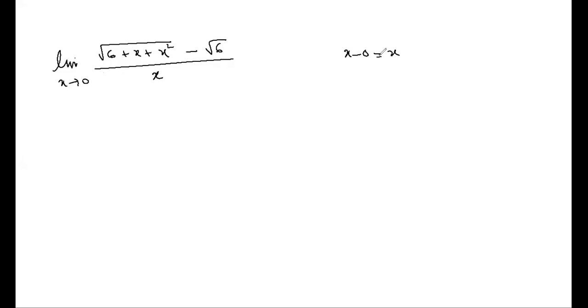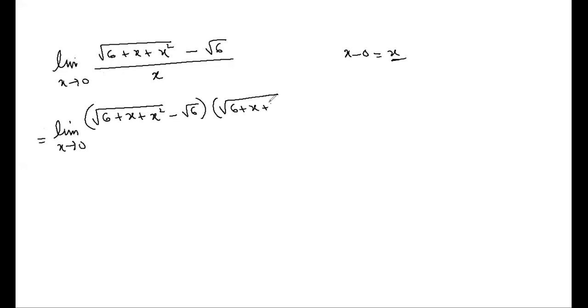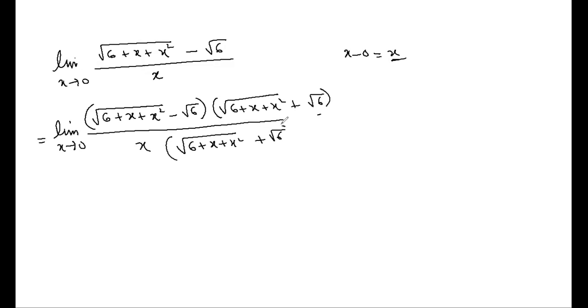Here, the common factor should be x because x minus 0 is nothing but x only. Already x is present here. Now rationalize this, you will get x for that. Come and start with me. Multiply by the conjugate. Whatever you multiply in the numerator, you should also multiply in the denominator, because you are multiplying numerator and denominator by the same quantity.